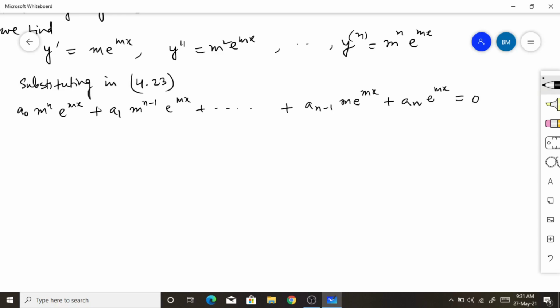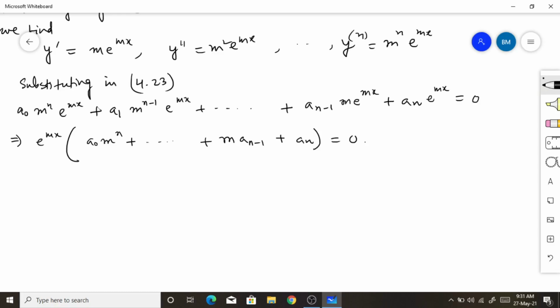We see that each term contains a factor e^(mx), so I can take it common. Then I shall get e^(mx)(a naught m^n + ... + a_{n-1} m + a_n) = 0.